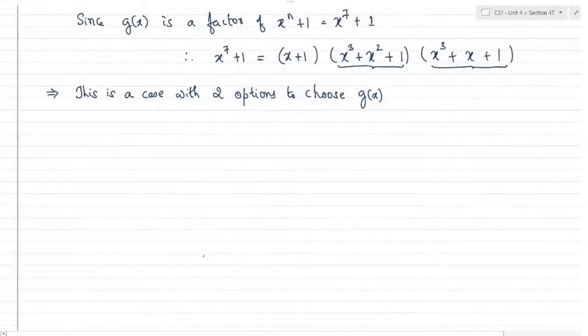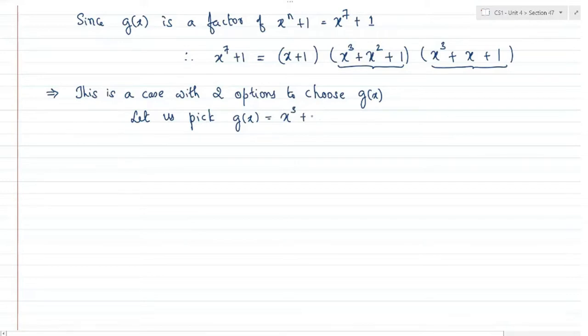Right. So with that, we can randomly choose any one of these polynomials. Let us pick g of x as anything, we can take any of these.